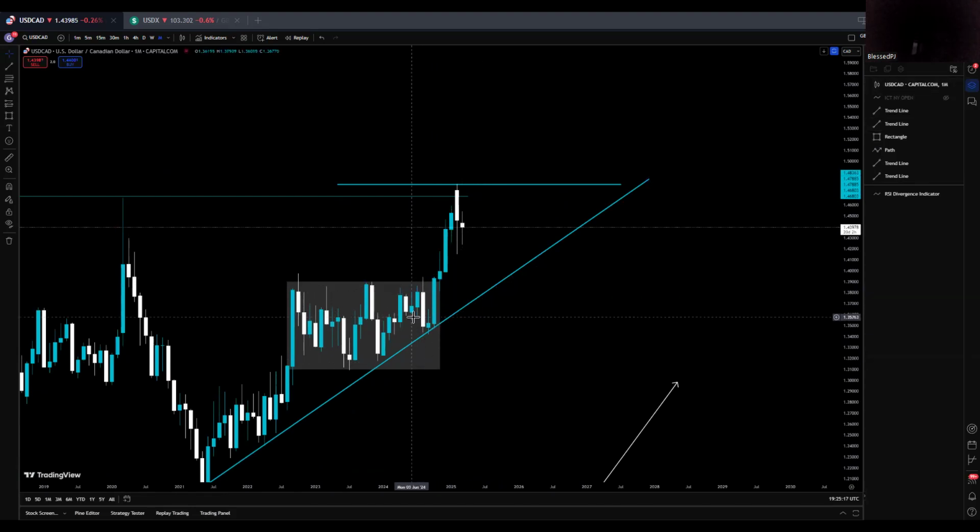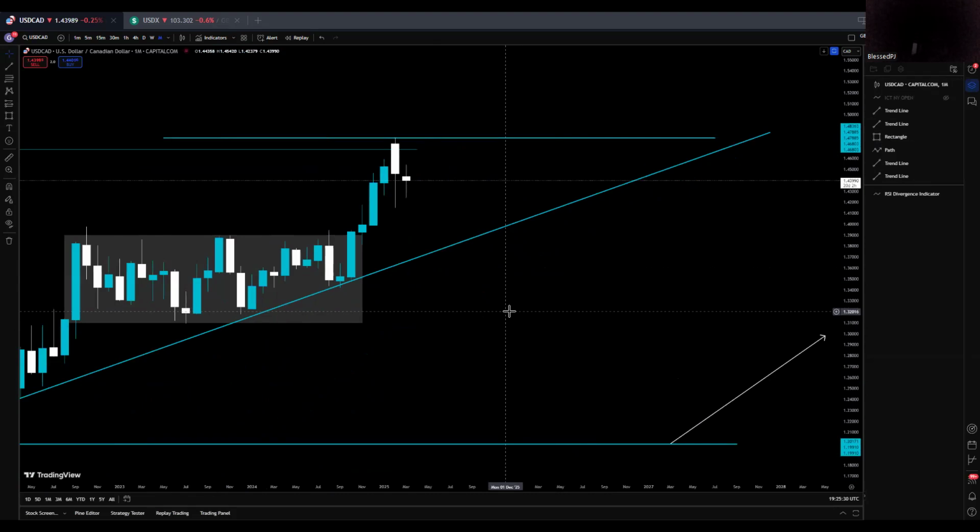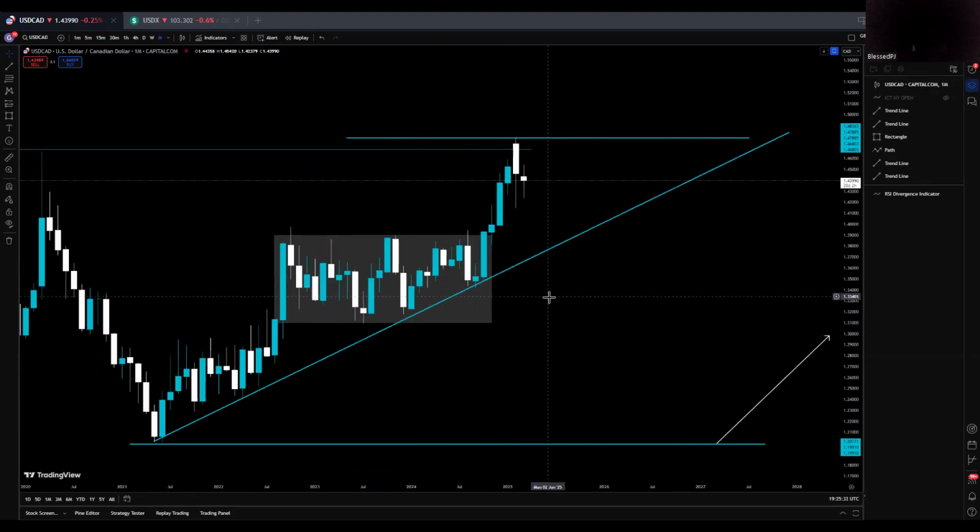If you clearly look at this place, what reversal pattern are you seeing here? That's a morning star, and it represents a bullish reversal.